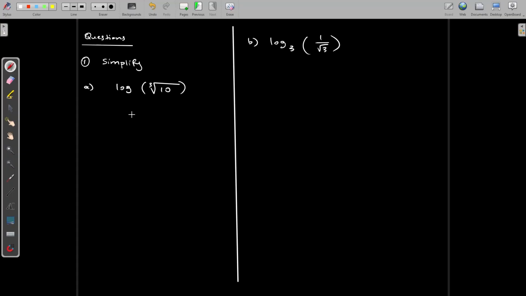So I rewrote that as log 10, because you know log is already log base 10, and then 10 to the 1 over 3. Then I just followed the rule where you carry over the exponent to the front, and log base 10 of 10 is 1. So 1 over 3. All right, very good.